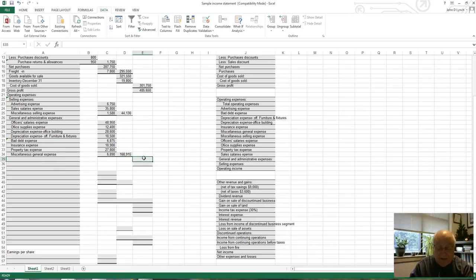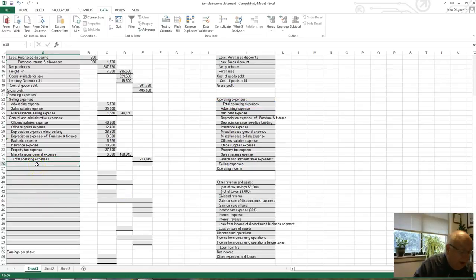Then you add the two expenses together, the $44,130 plus the $168,915 to get $213,045, and that total is equal to, let's see, where's it at? The total operating expenses. There we go.